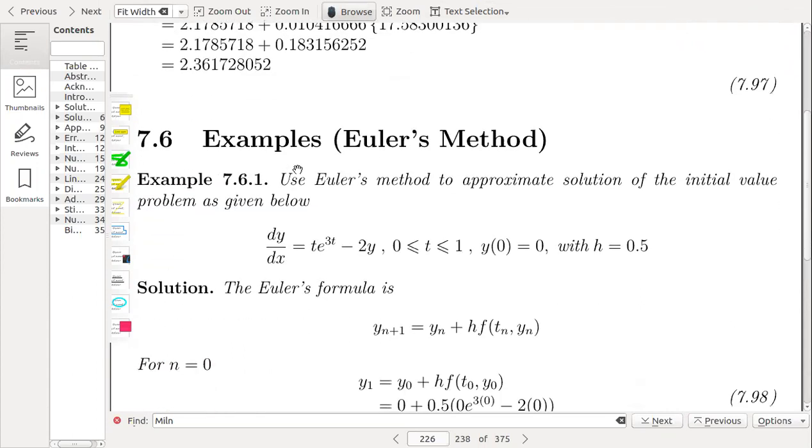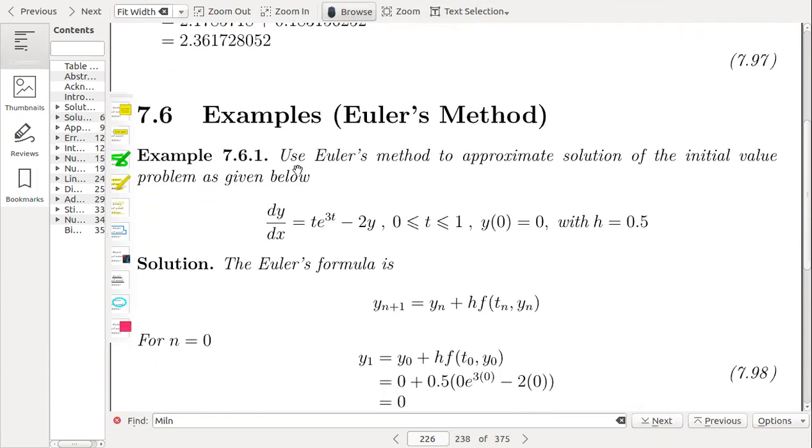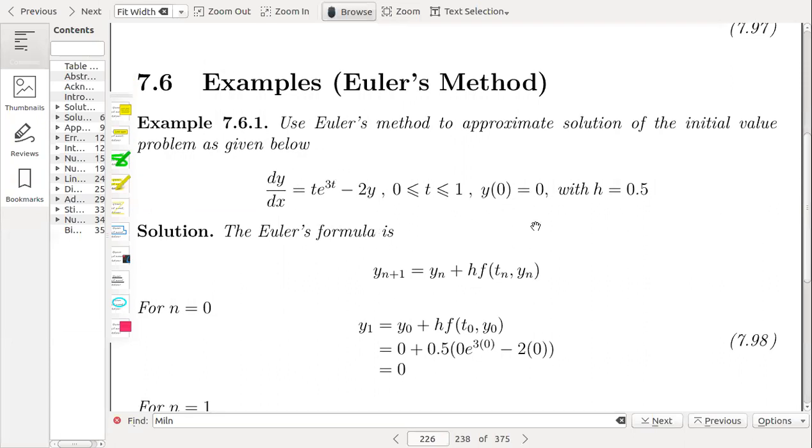So next are some examples related to Euler's method. Use Euler's method to approximate the solution of the initial value problem as given below. Here is the initial value problem and here is the Euler formula, y(n+1). Keep in mind that this Euler formula is also called the Runge-Kutta method of order 1.